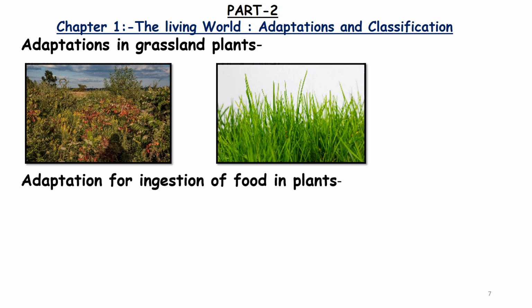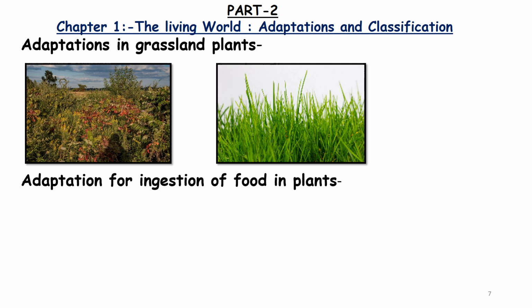Now the last point from this topic is adaptation for ingestion of food in plants. Here, ingestion means intake the food and water from other plants. Means these plants are not autotrophic, means they cannot prepare their own food.